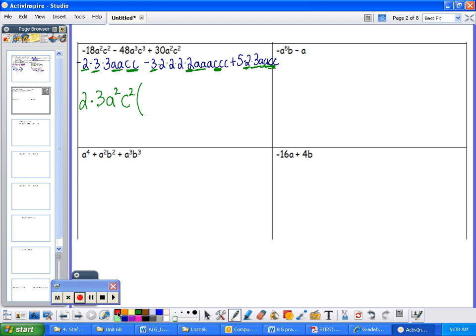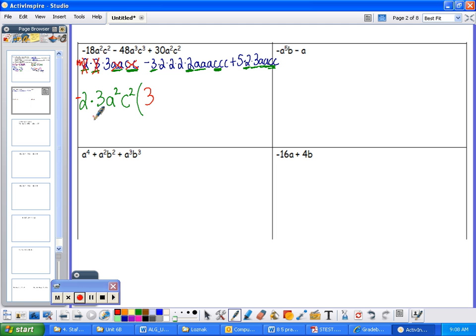Now it's time to find out what's left over. So I took out a 2, and because this first one is negative, really I'm going to make this a negative 2. So it really takes care of the negative sign as well. I took out a 3, 2 A's, and 2 C's. What is left over in the first one? 3.